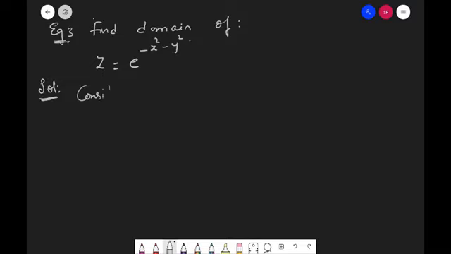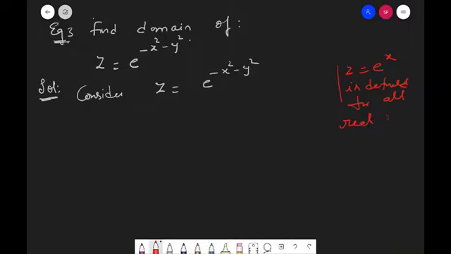So you have considered this equation Z is equal to e power minus x square minus y square. Just recollect, Z is equal to e power x is defined for all real x, that is for all x belong to R. For all the real numbers this is defined.